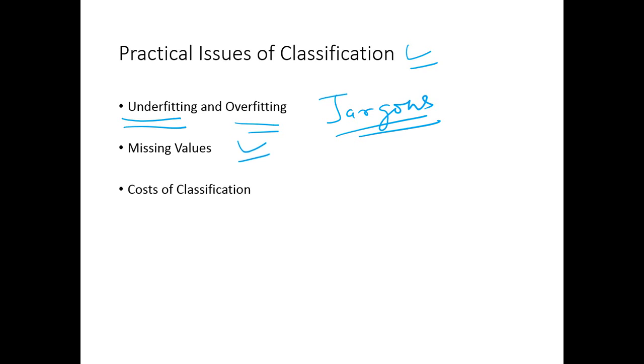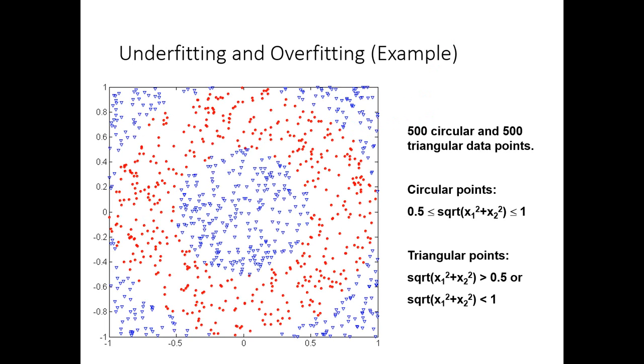What if there are missing values in your training dataset? How does it affect your model? And the cost of classification, how big the tree should be. Can you have as many nodes as you like, or should you have a simpler one? You need to understand all this.